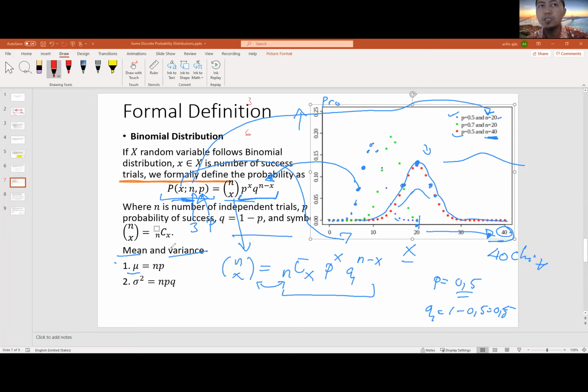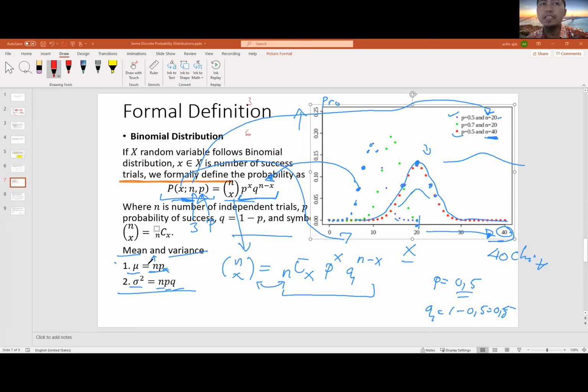But mathematically, the mean of the binomial distribution is just the multiplication between n, any possible combination, and p. P is probability. And the variance is just npq.